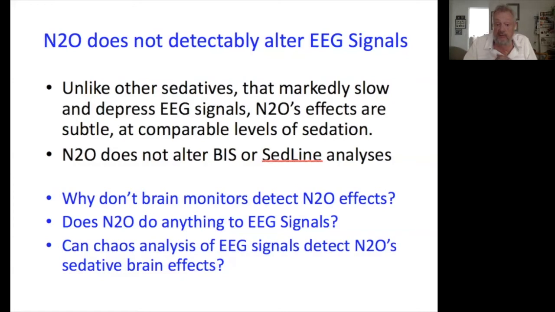We can do the analysis faster, and we can display results in more clearly understandable ways. And we can quantitatively measure the effects of anesthetics, sedatives, hypnotics on EEG signals. And I'll show you how we do that in a little while.